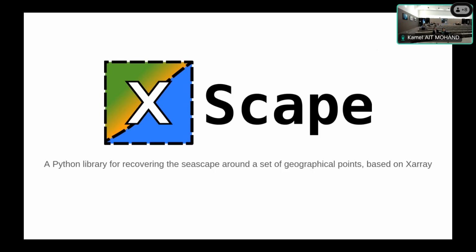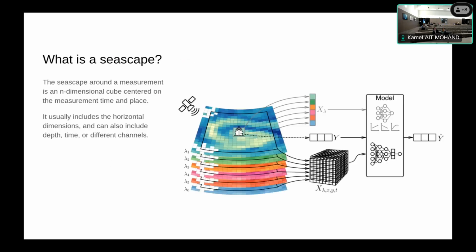So first, the question that may arise in some of you is, what exactly is a seascape? You might have seen this picture around 3 trillion times over the past few days. So a seascape is basically an n-dimensional cube centered on a measurement, and measurements usually have a position on the Earth and a time when they were taken.